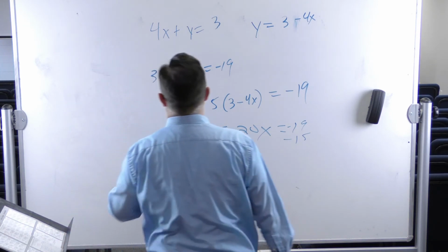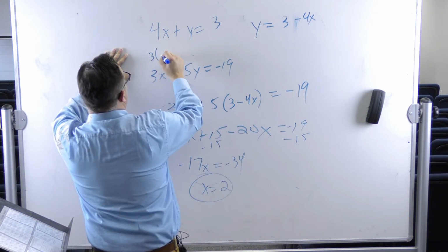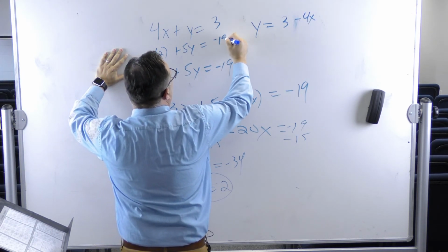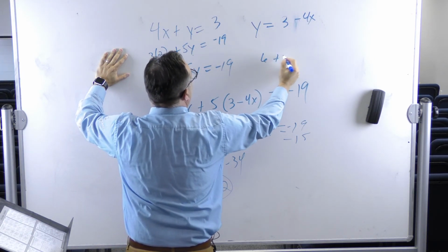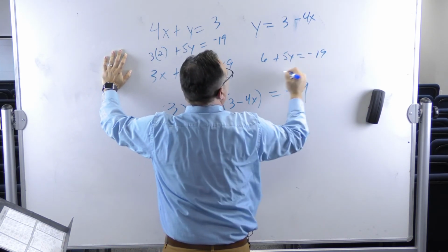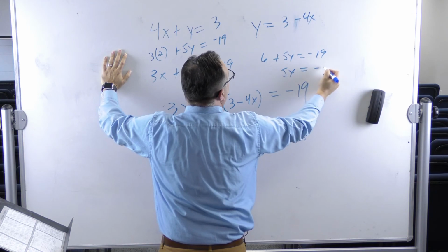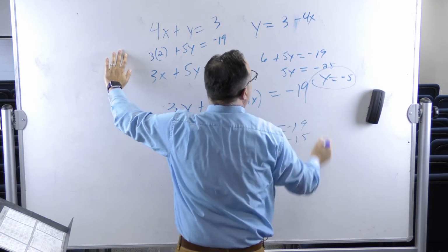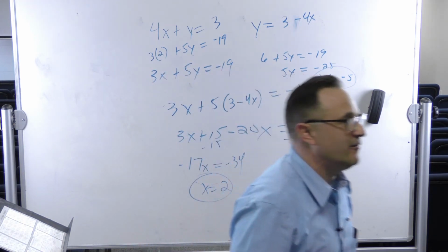And if x equals positive 2, we have 3 times 2 plus 5y equals negative 19. 6 plus 5y equals negative 19. 5y equals negative 25. Y equals negative 5. There we go. X equals 2, y equals negative 5.